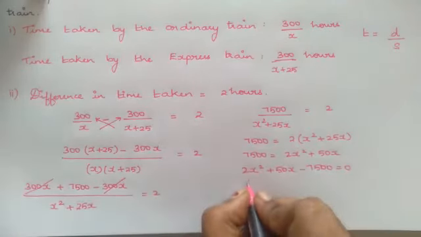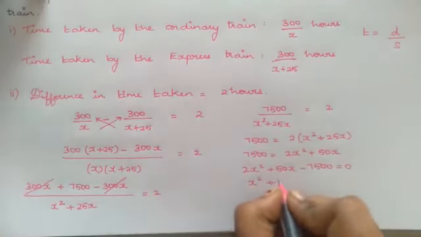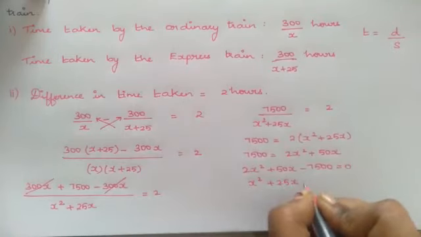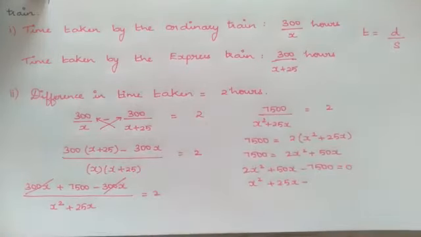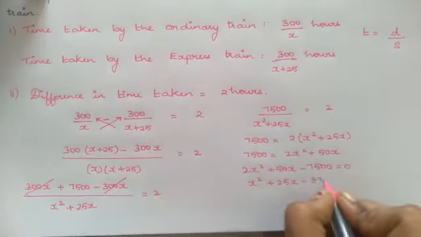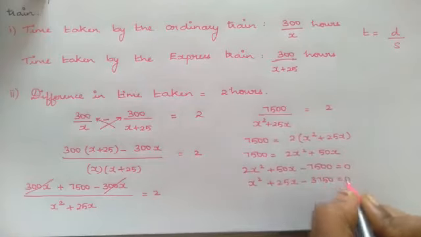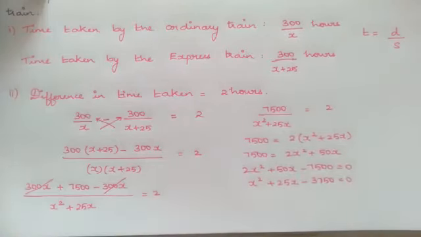So this becomes x square plus 25x minus 3750 equal to 0. Right. Now it is our duty to solve this quadratic equation, for which only we attempted this sum.